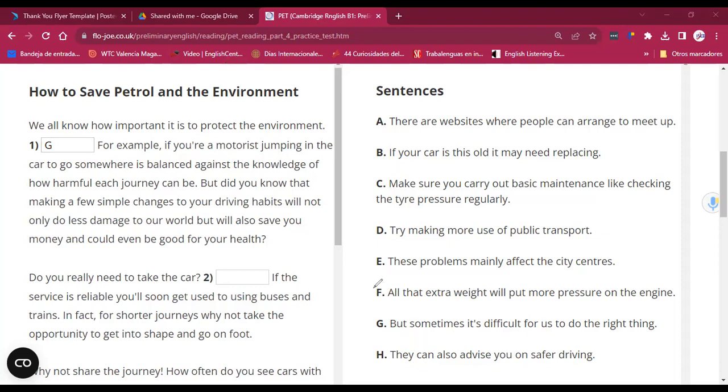And now that you know the procedure, let's go to: do you really need to take the car? If the service is reliable, you'll soon get used to using buses and trains. In fact, for shorter journeys, why not take the opportunity to get into shape and go on foot? So, let's see, Mr. Eric.